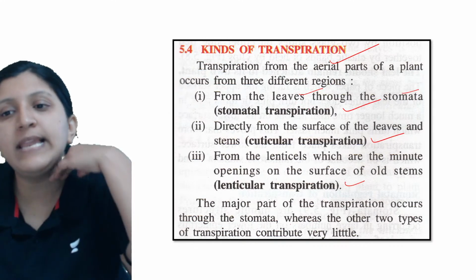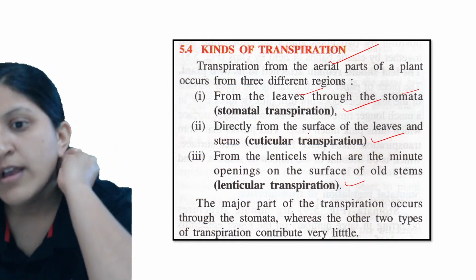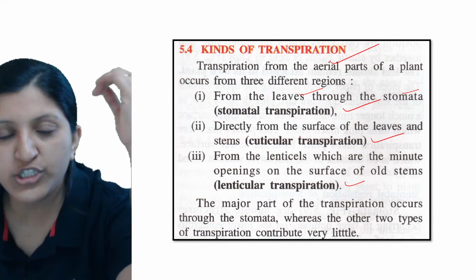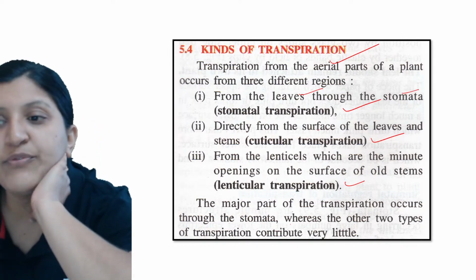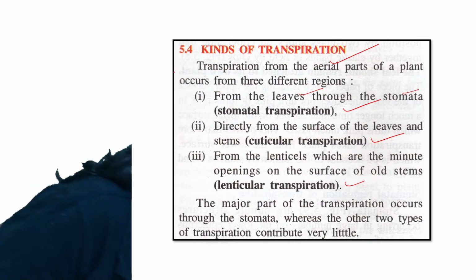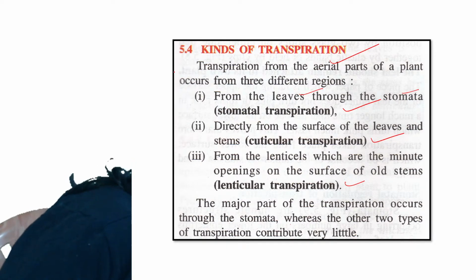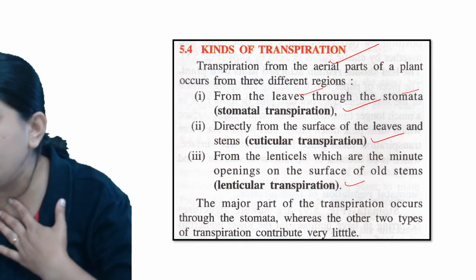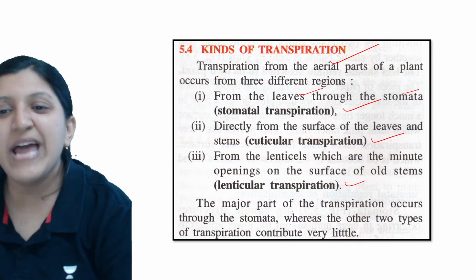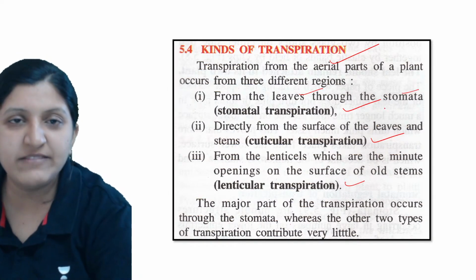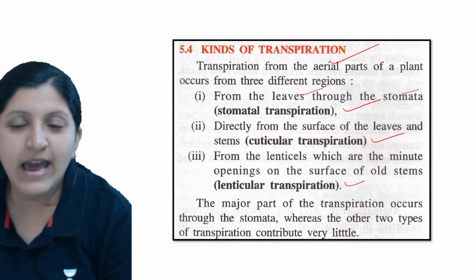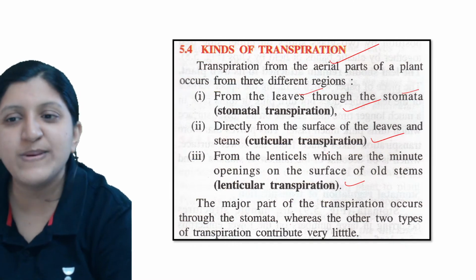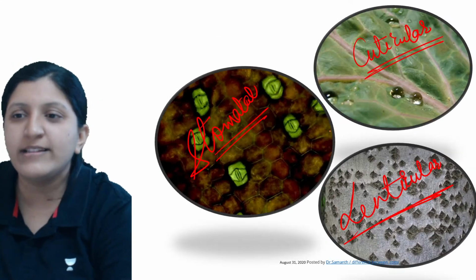So from the leaves, through the stomata, stomatal transpiration occurs. Now directly from the surface of the leaves as well as the stem, that is basically cuticular transpiration. You can have a look at this one.